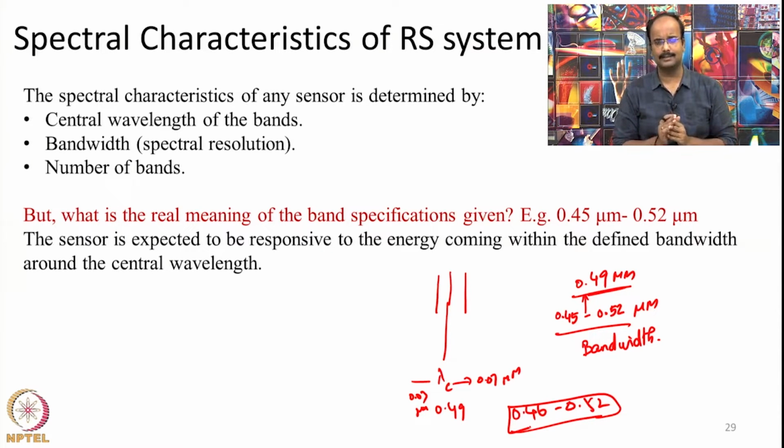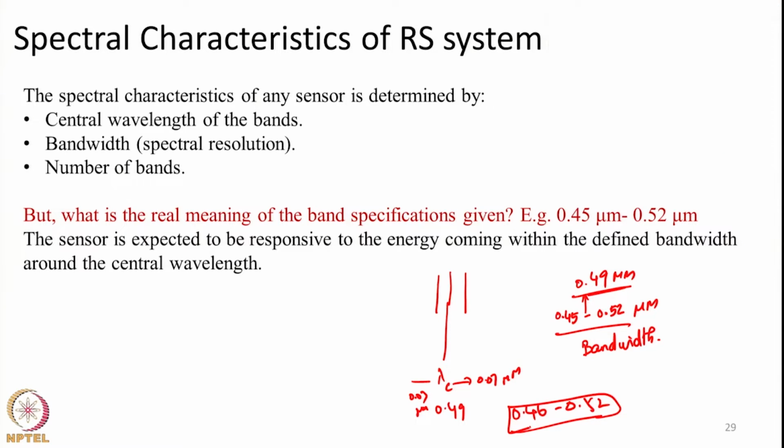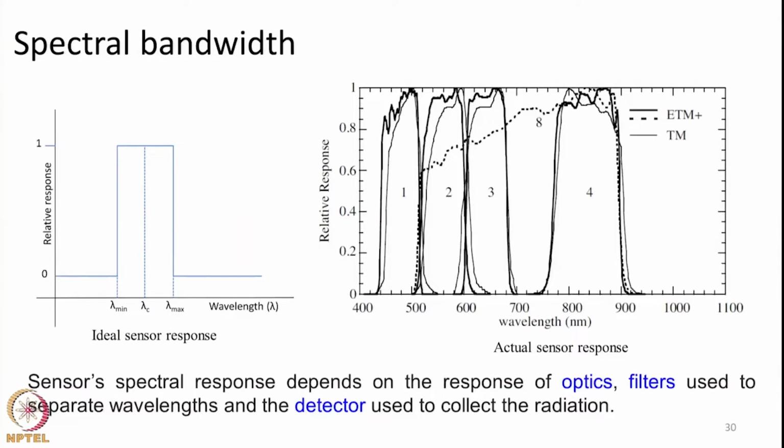A sensor with a given bandwidth, or a spectral band with a given bandwidth, will be more sensitive to the incoming radiance within that particular bandwidth. Please see this particular figure. On the left side I have an ideal sensor response, how an ideal sensor, or in theory how a sensor, should respond to incoming signal.